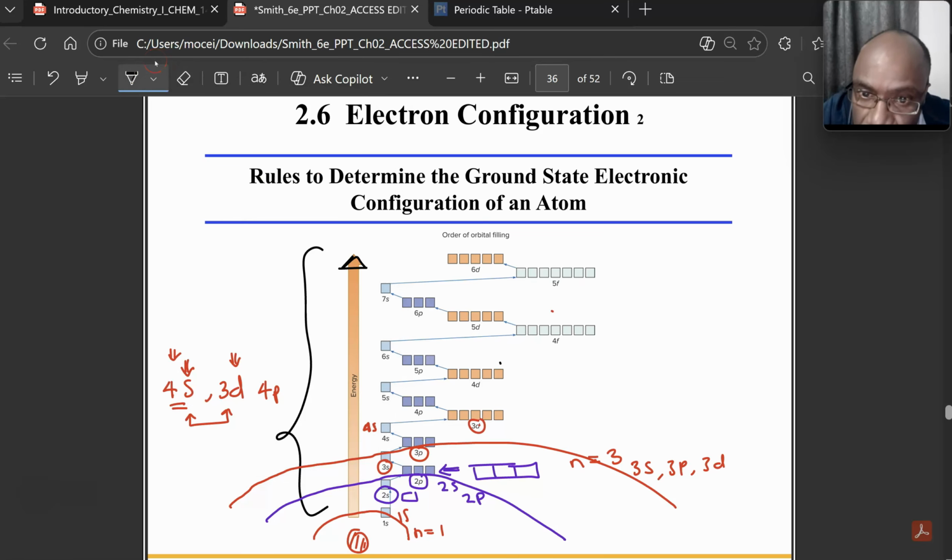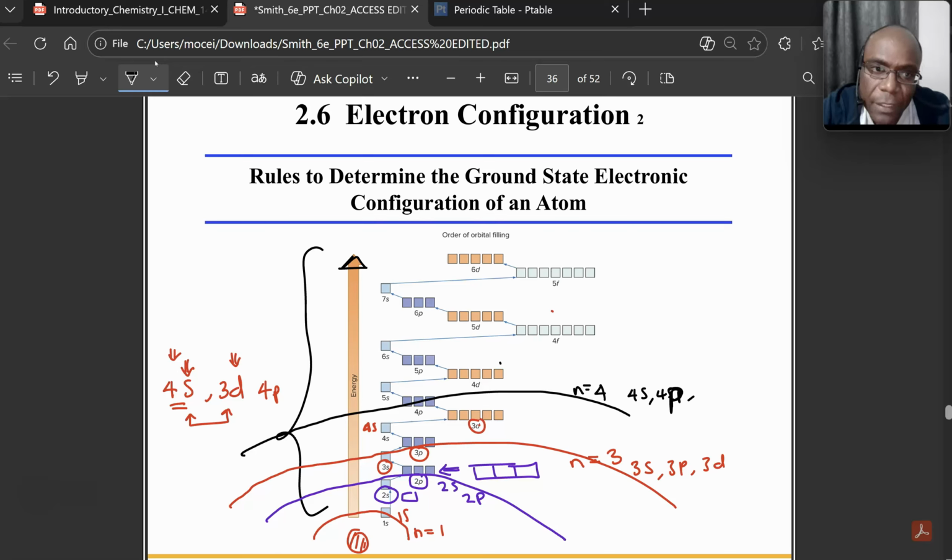Okay, so the fourth shell is roughly somewhere there. So again, if you're at n equals 4, you have the 4s, you have the 4p, and then you have the 4d, and then the first time we see the f will be in here.